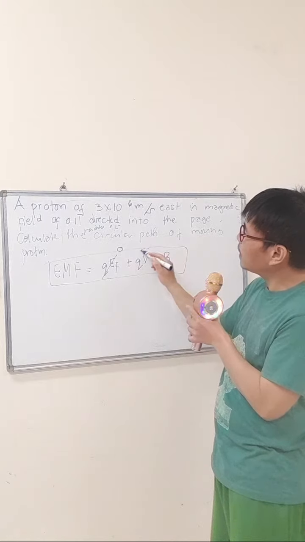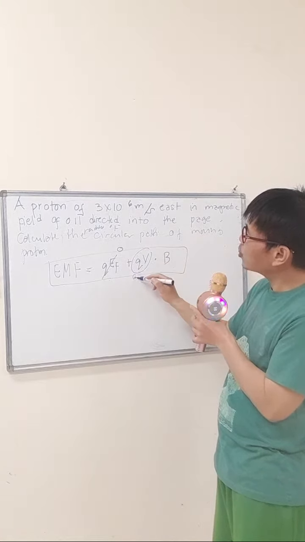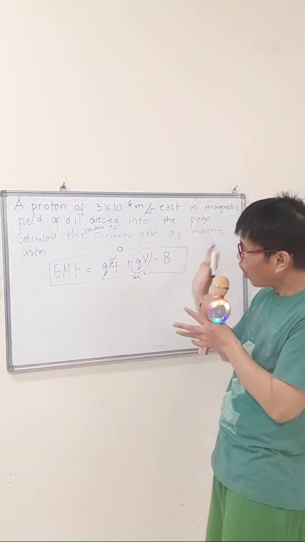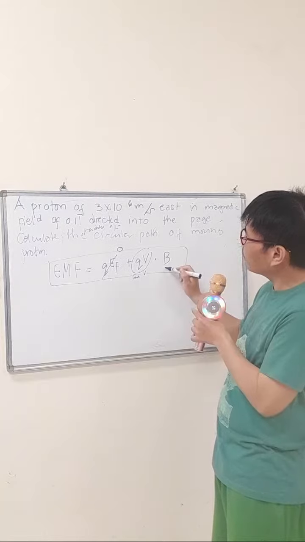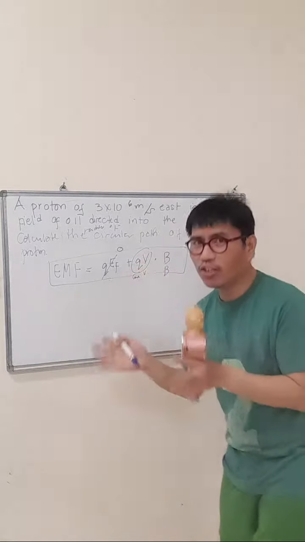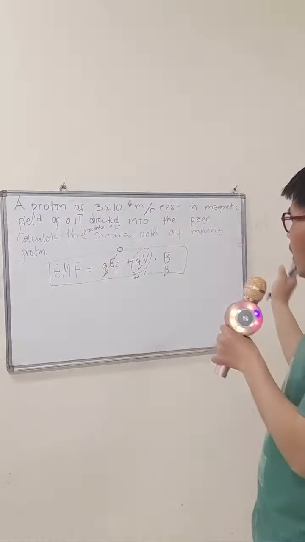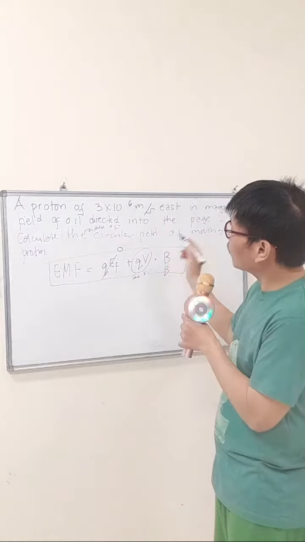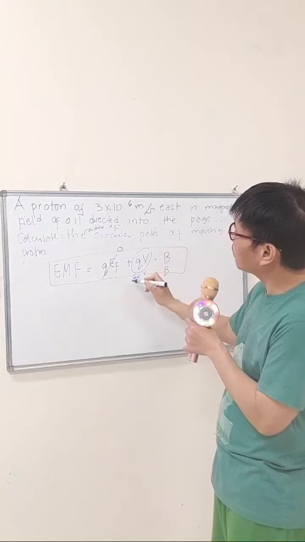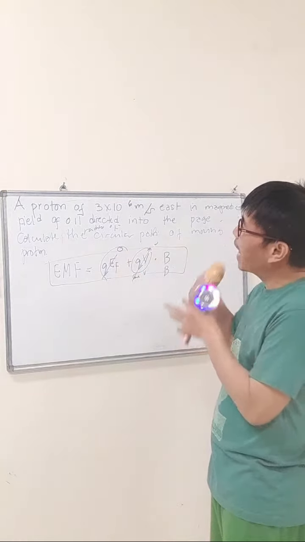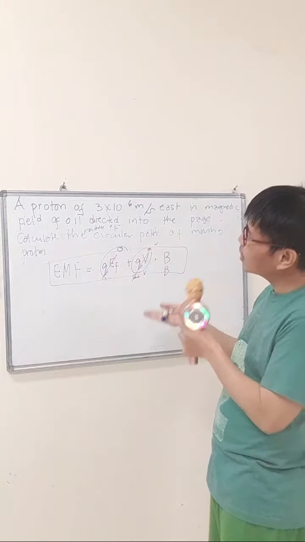What will remain is your QV, the charge and the velocity, with the velocity and magnetic field perpendicular to each other, times the magnetic field B. Now the reverse also holds: if you don't have the magnetic force, treat that term as zero, and your QEF will be there as your equation.